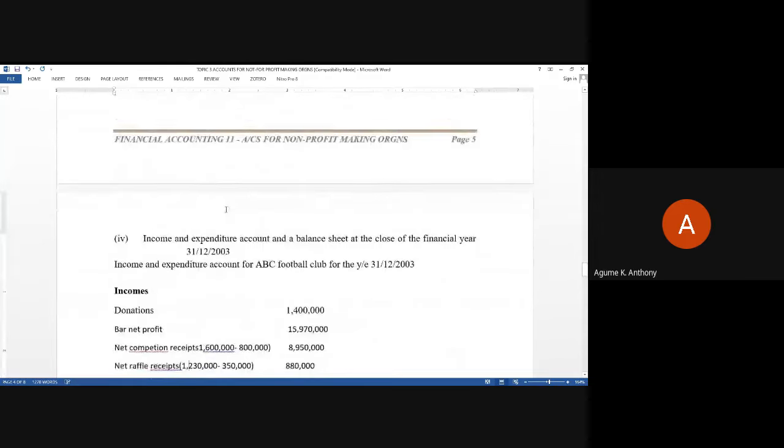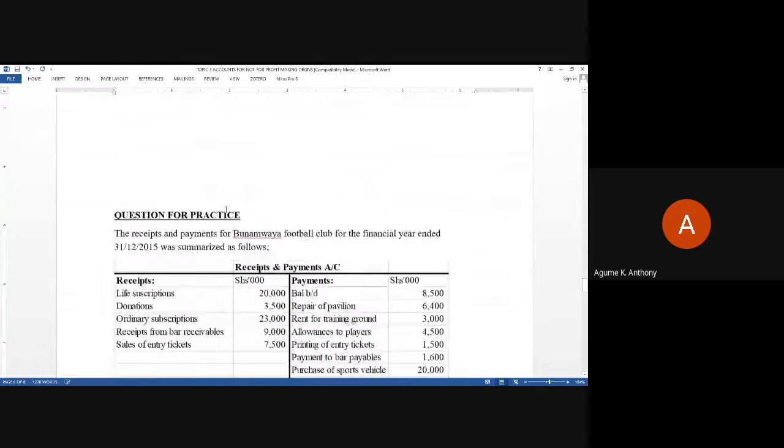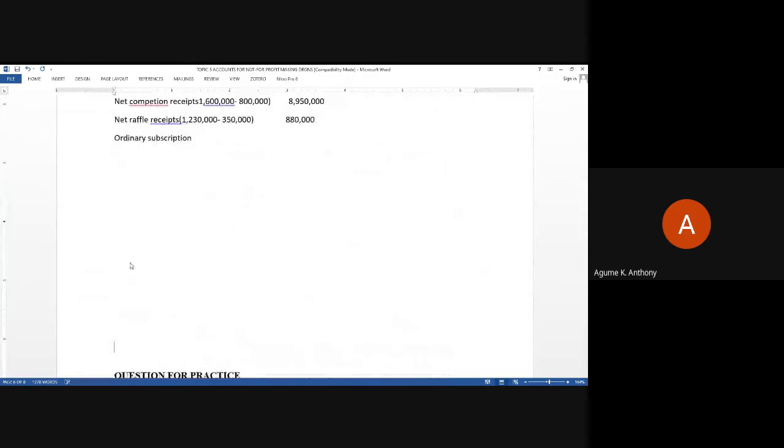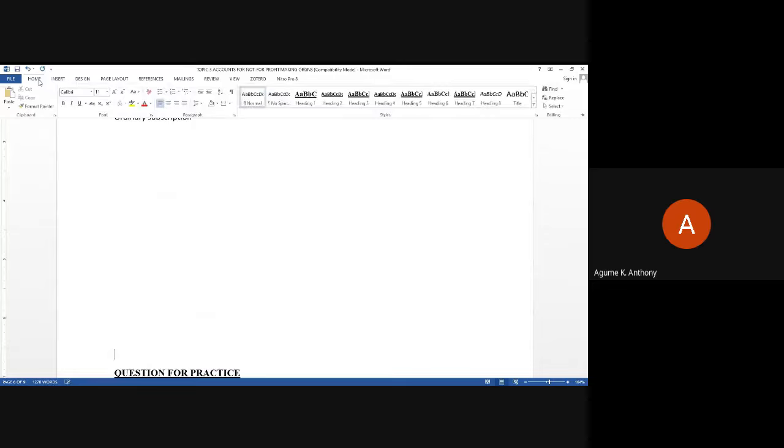Let me draw my ledger accounts here for subscription.